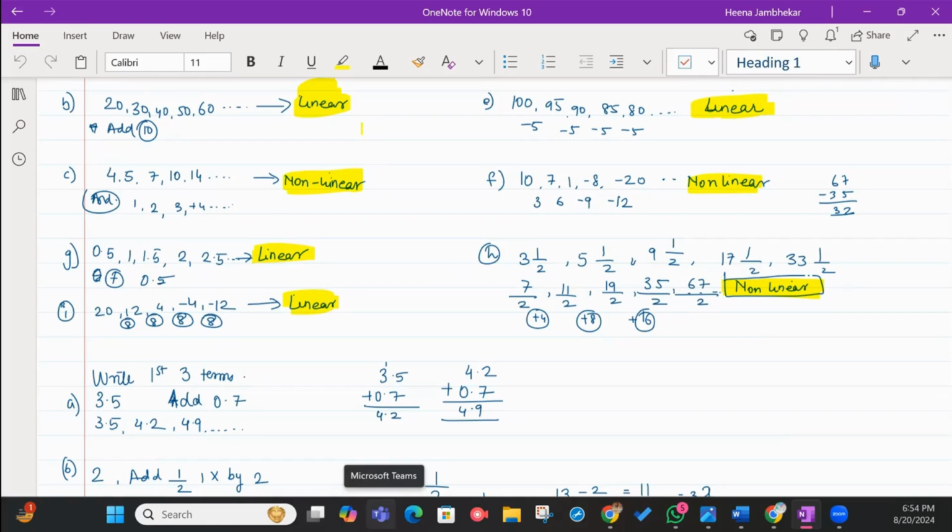Right, 11. And then it is going to be what? After one decimal place. So answer will be 11. Did you all get this? Why 11?